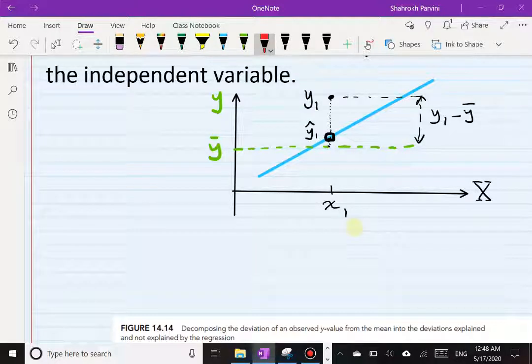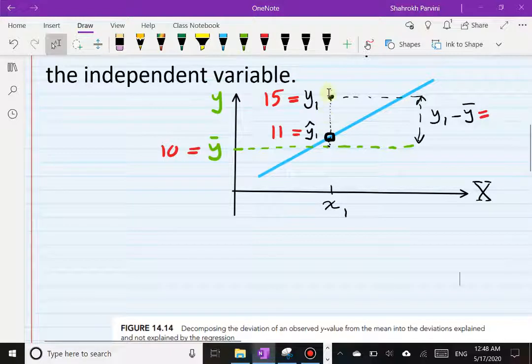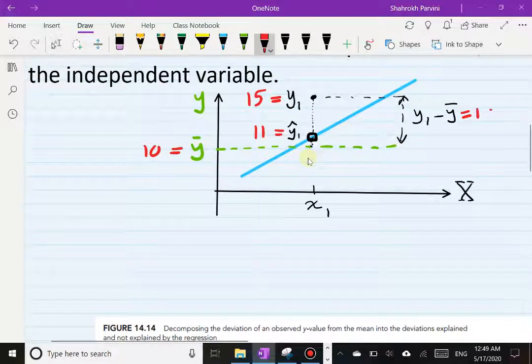I'm going to make up some numbers here. Let's say y1 is 15, y bar is 10, and y hat 1 is 11. Now the deviation y1 minus y bar, from the observation to the mean, is 15 minus 10, or 5 units, true?